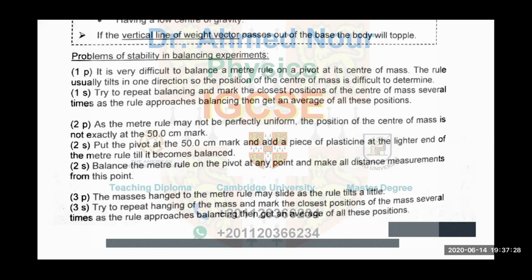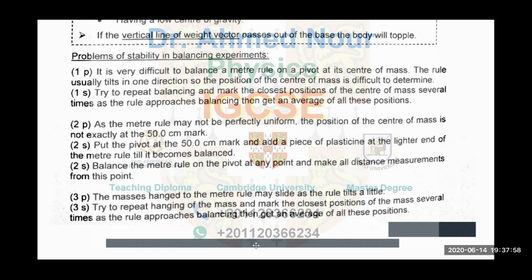But if it's not standard or not uniform, it will not be at 50 centimeters. So you can make two solutions. The first, put the pivot at the 50 centimeter mark and add a piece of plasticine at the lighter end of the meter rule till it becomes balanced. So you have the two ends of the ruler balanced, horizontal.